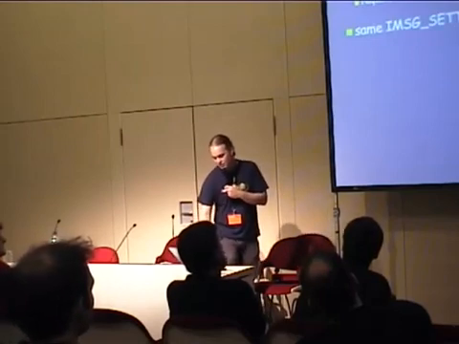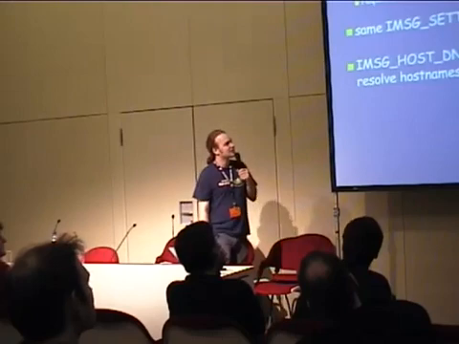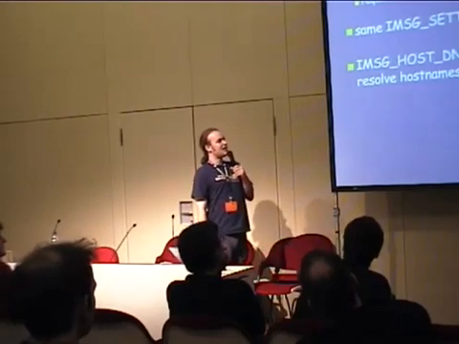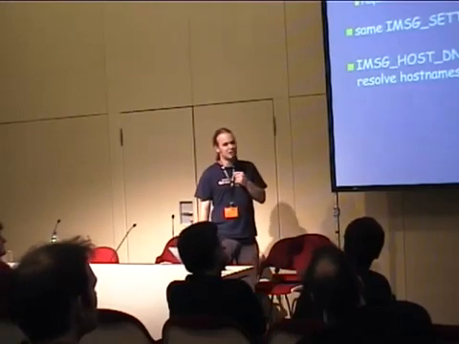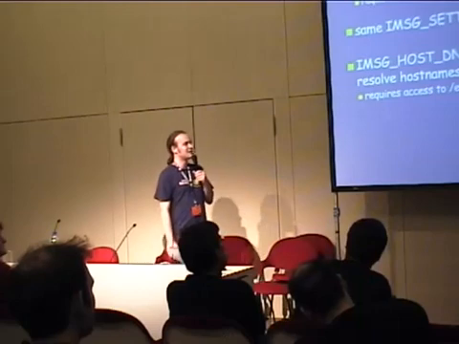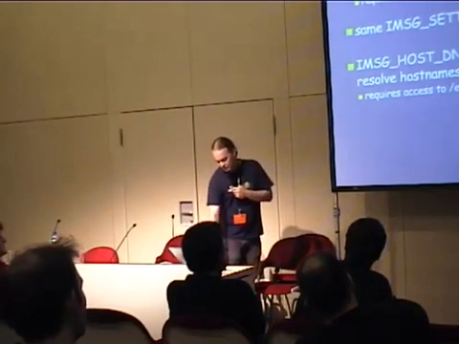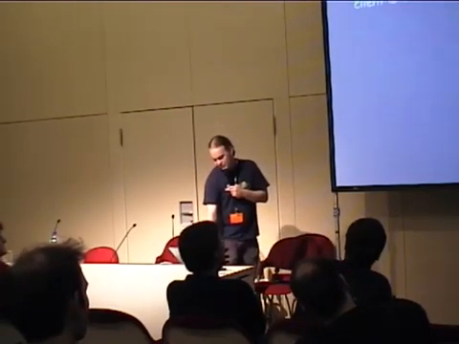It just sets the time hard instead of adjusting slowly. The second class of messages is IMSG_HOST_DNS. The NTP engine asks the parent to resolve host names. That does not require root, but it requires access to /etc/resolv.conf, IP maps and whatnot. And remember, we are chrooted, so we have to ask the parent, who's living outside the chroot, to do that for us.